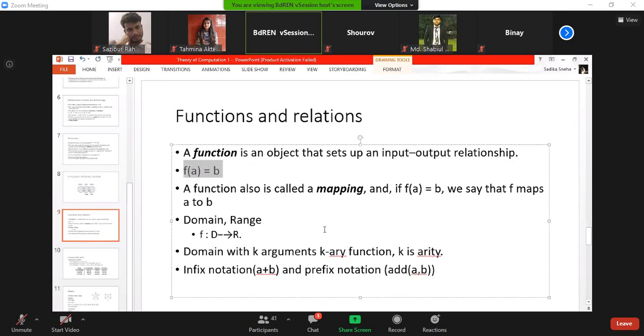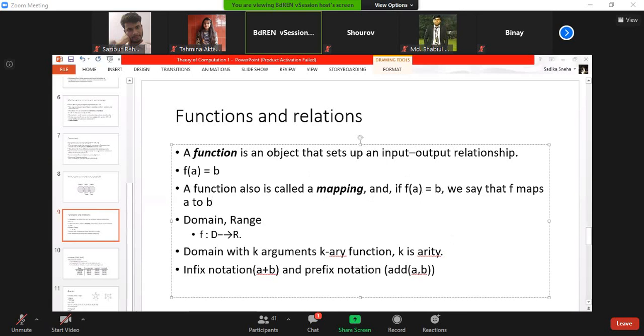So this function is setting up an input-output relationship between A and B. This relationship we can also call mapping. If f of A is equal to B, we say that f maps A to B. The function is the object setting up the input-output relationship, and mapping is what we call the relationship, that f is mapping A to B.